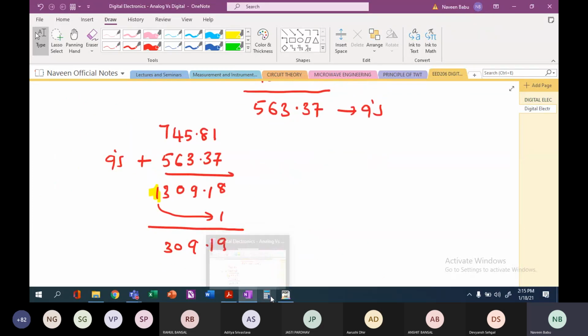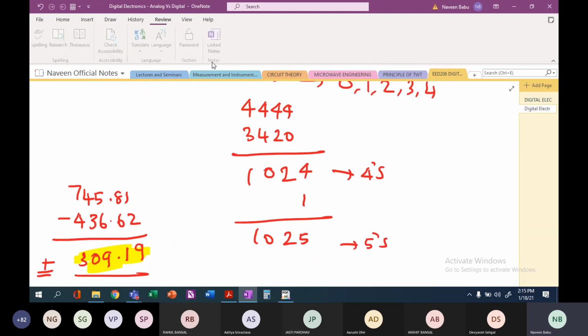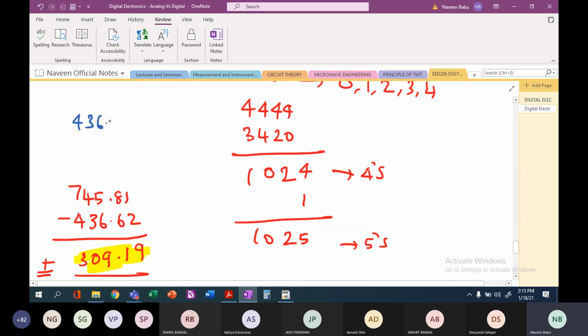Let us take maybe one more example where this particular answer becomes a negative answer. Instead you do the reverse. What do you mean by reverse? If I subtract 436.62 minus 745.81, then obviously your answer is going to be negative, right? Let us see that particular example.